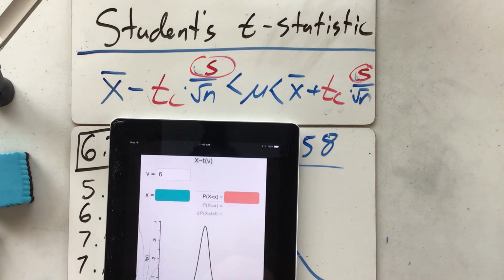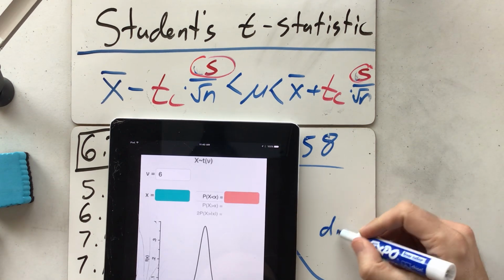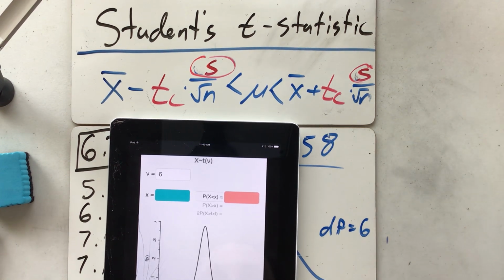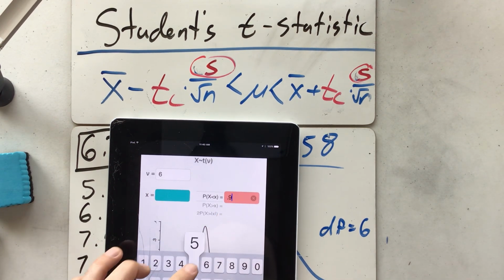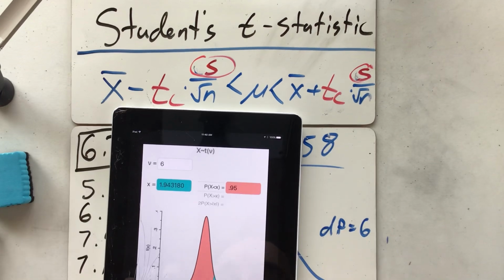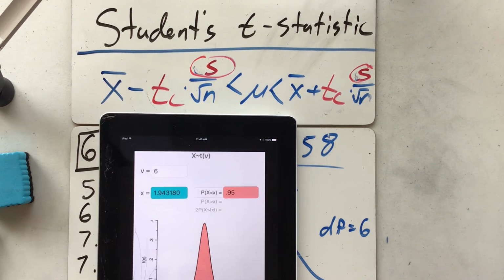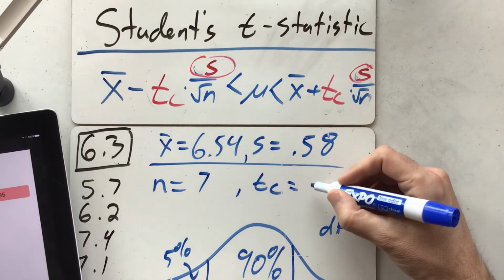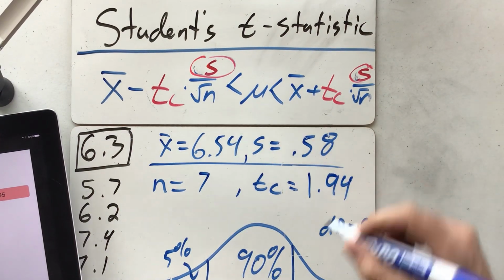So if I come over here, degrees of freedom equals 6. And then I want to do 0.95 because I want 95% to be to the left, and that'll give me 90% in the middle. So now if you look, I've got 95% here. If I cut that off, I'd have 90% in the middle, and 1.94 is what I get for that answer.